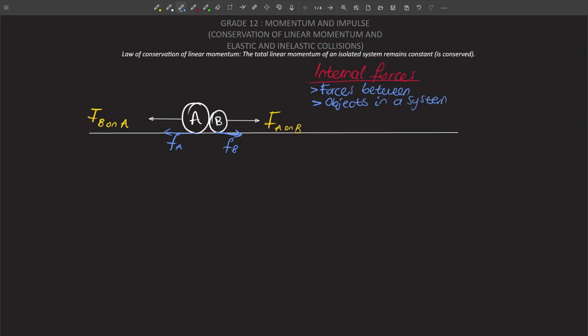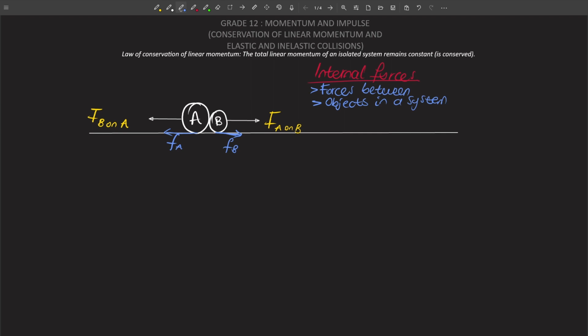It's just forces between objects in a system, and the mass of the system is constant and no net external force acts on the system. There is no other external force that will act on this system.